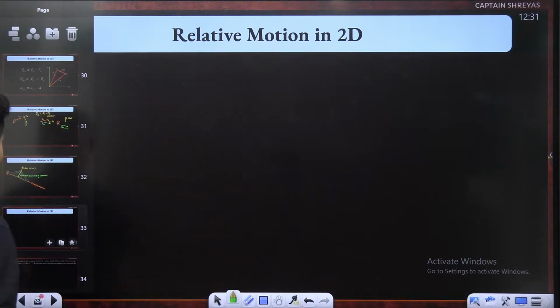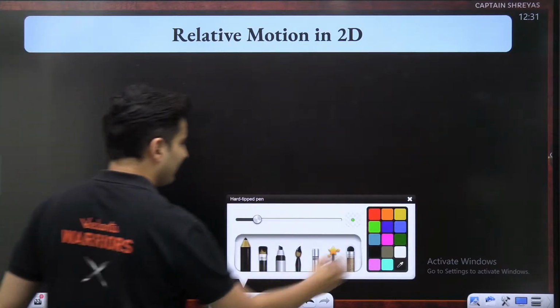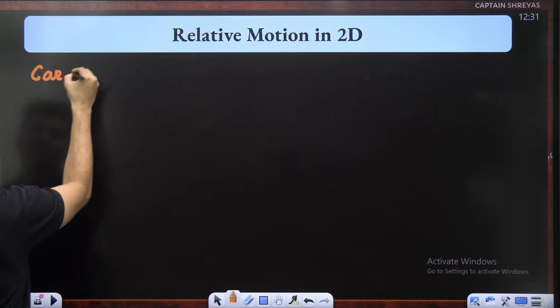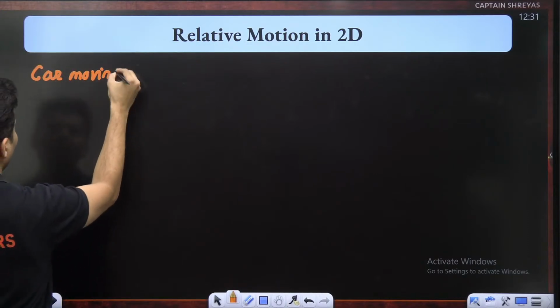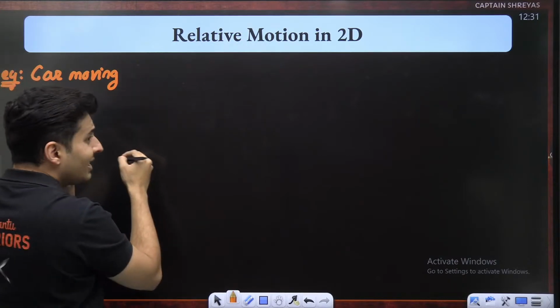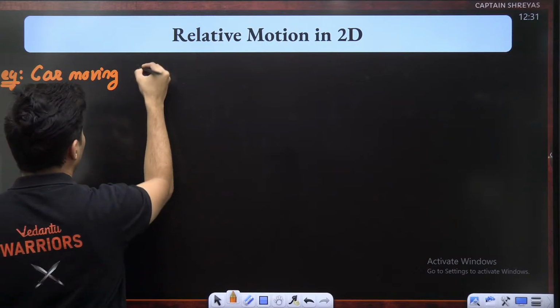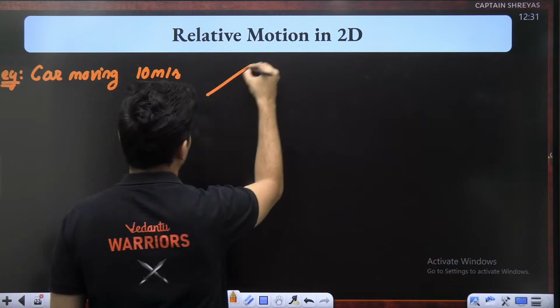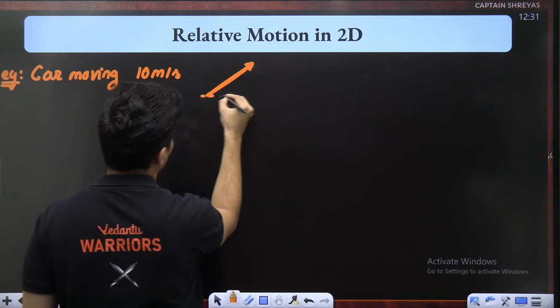You can have questions also like this, where, say for example, there is a car moving, there is a car example. There is a car moving, let's say, at a speed of 10 meters per second, going like this.